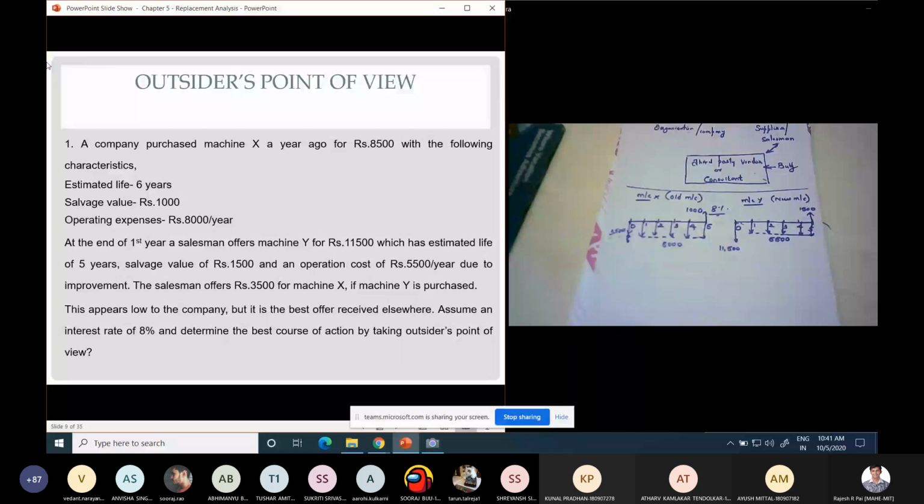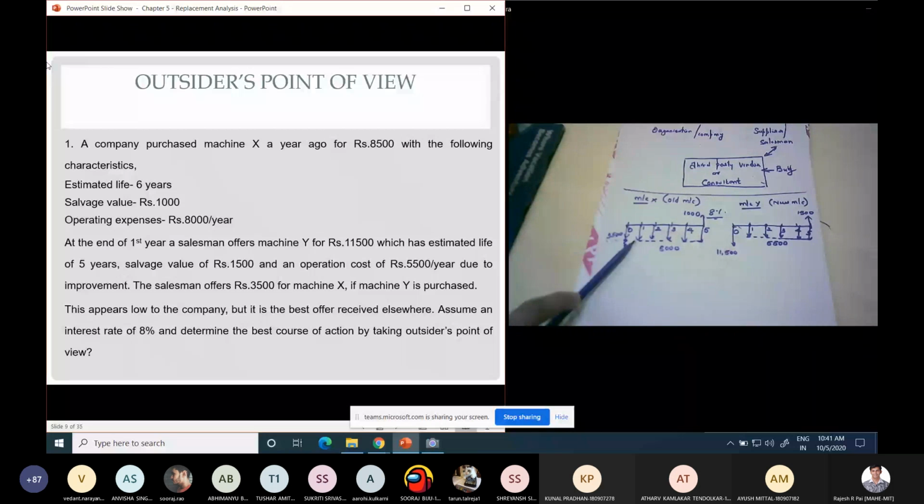So the consultant will pay 3,500 for the existing machine. That is why 3,500 is the cost for the consultant. Okay, so any questions here? Students, any doubts?